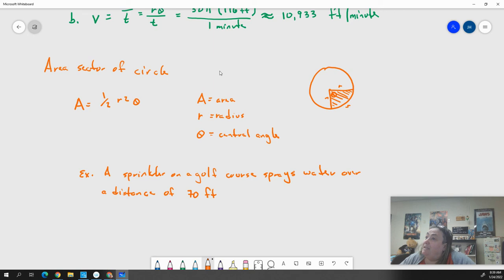It's saying that it's going to spray this length that is 70 feet, right? Here's my sprinkler. It's going to spray 70 feet in distance, and rotates through an angle of 120 degrees.